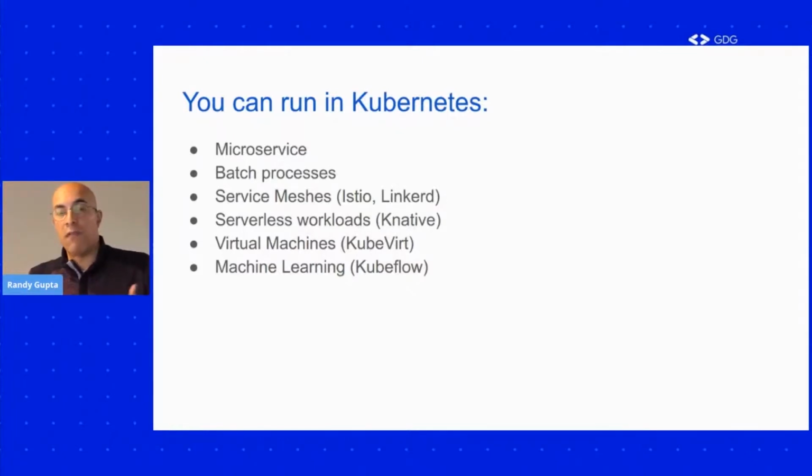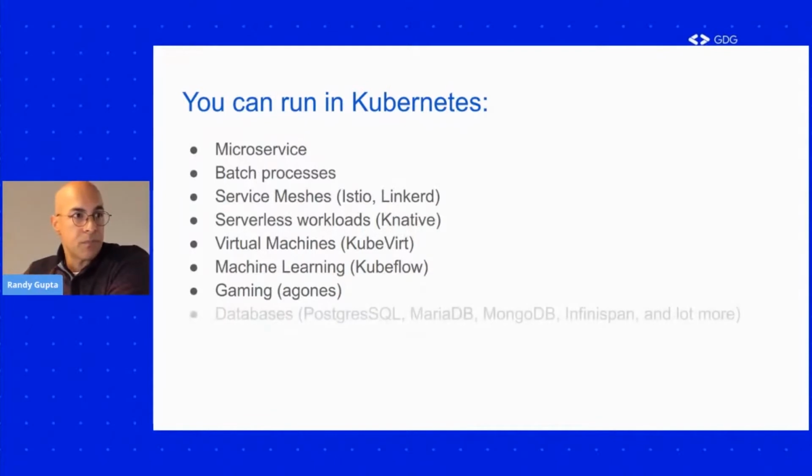You can then even get TensorFlow running with GPUs and TPUs, I think, as well. You can run game servers. Agones is a very nice solution that builds on top of Kubernetes, and there you can use your Kubernetes cluster as a game server.